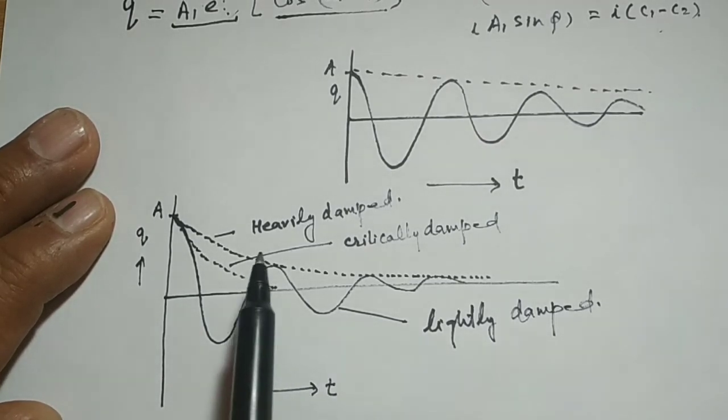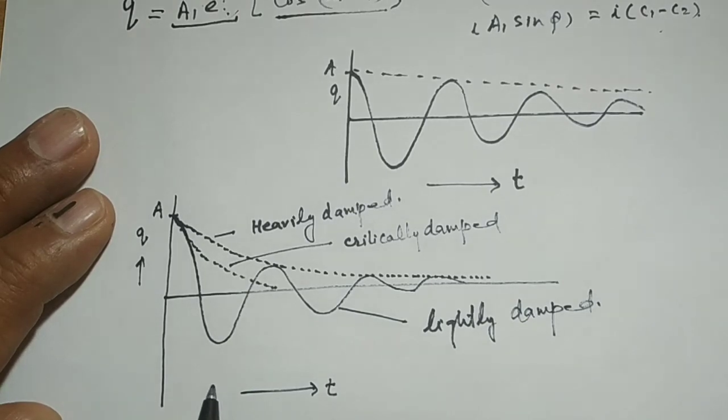So these are the three types of damping in an electrical damped harmonic oscillator. That's all.